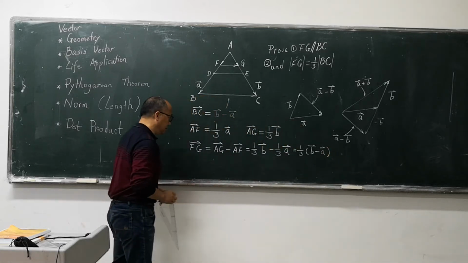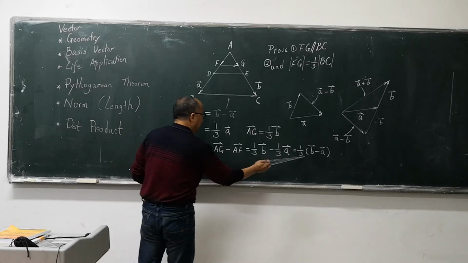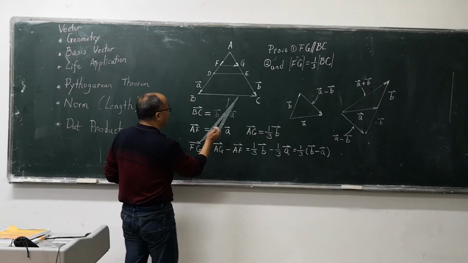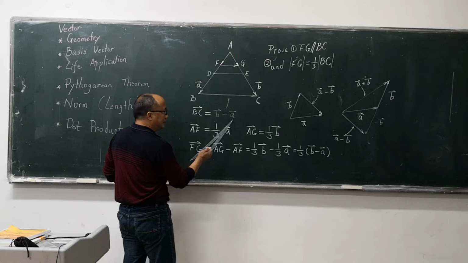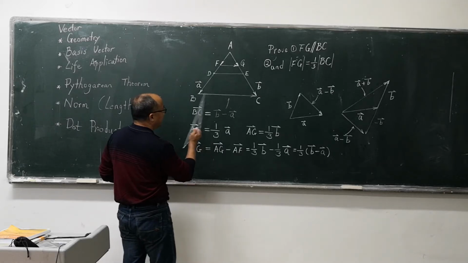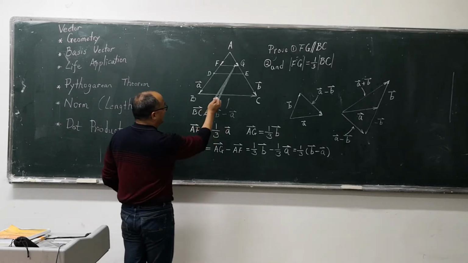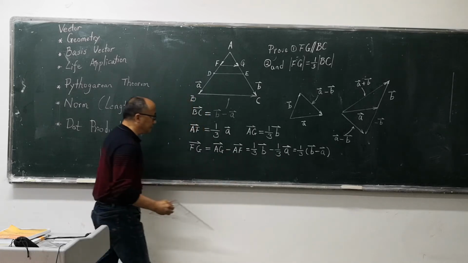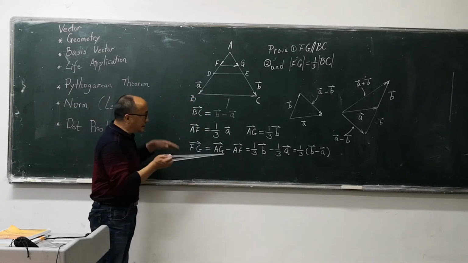Do you see it? And this one is this BC vector. FG is this. So they are the same direction.